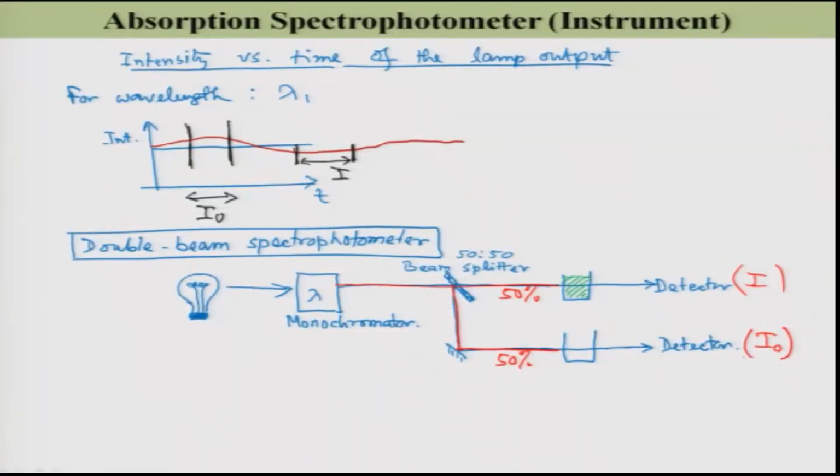So, the performance of this detector will always be different from that one. Then I should have I equal to I 0, but you will never get this I equal to I 0.